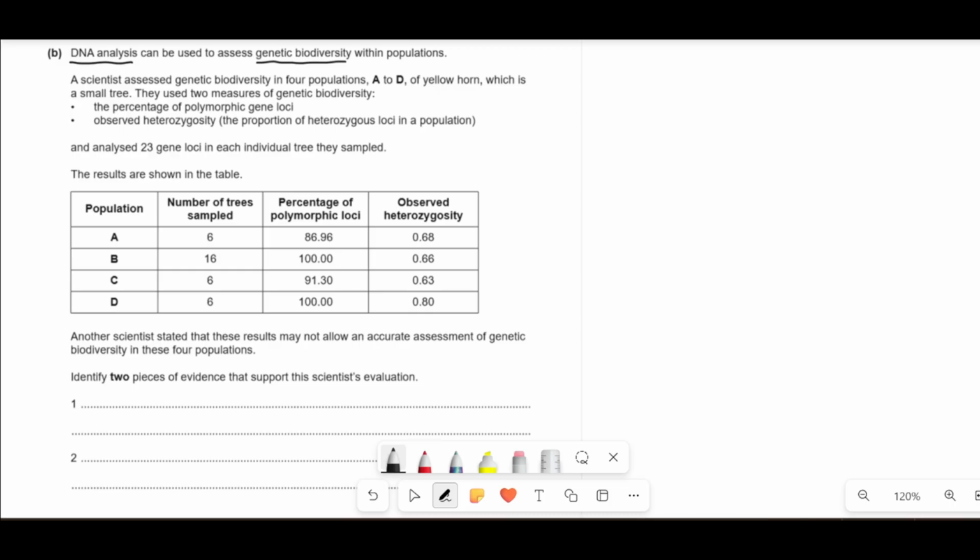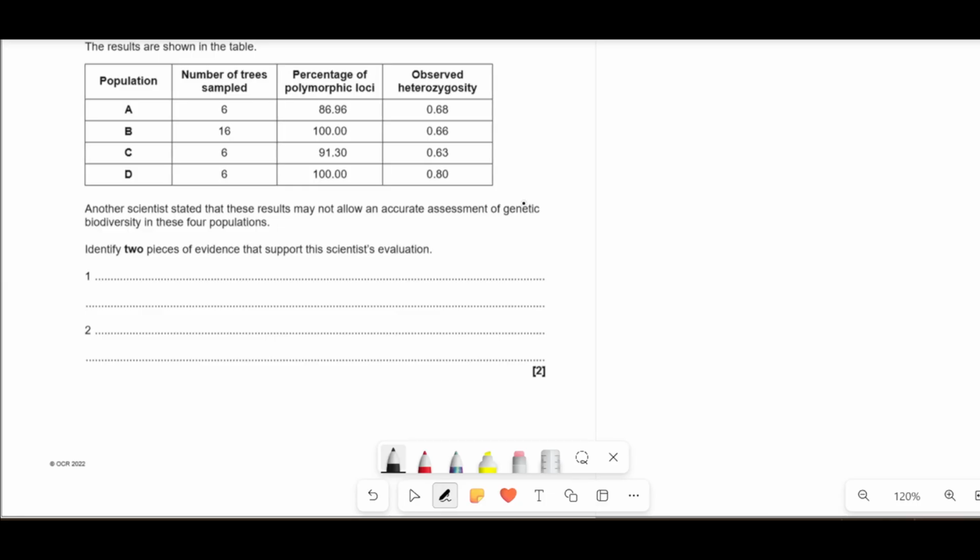Polymorphic genes are where you have more than one allele. For example, with blood types A, B, and O, that's polymorphism, 3 different types. So polymorphic loci is the percentage of them having different alleles. 16 there, 6 there at 91.3%, and 6 there at 100%. So what kind of problems do we have?